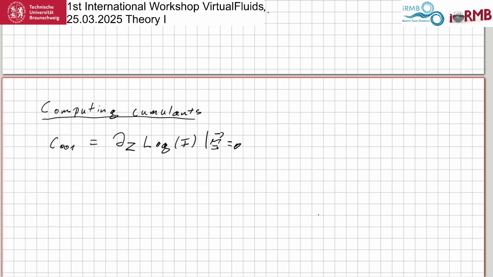We have the logarithm, and if we apply the chain rule on the logarithm, we get 1 over f, and this into d set f at xi equal to 0. Now this d set f is obviously the definition of a moment, right?